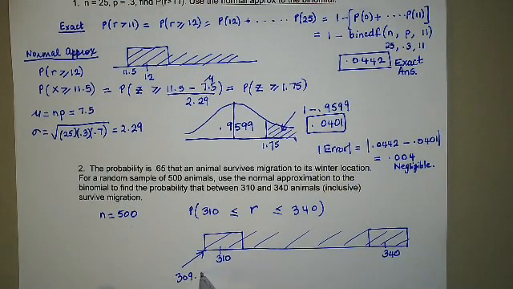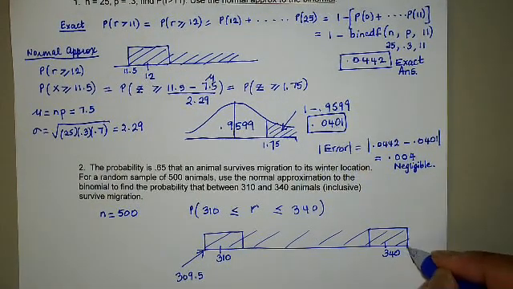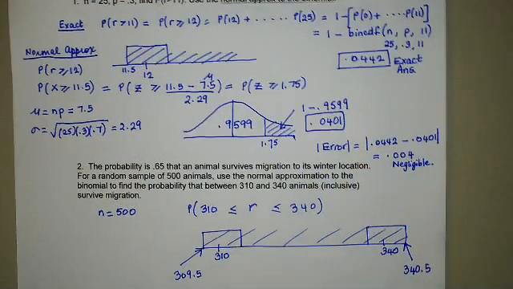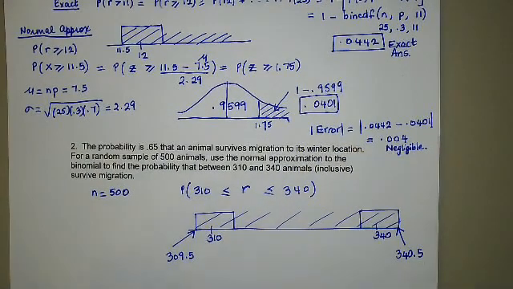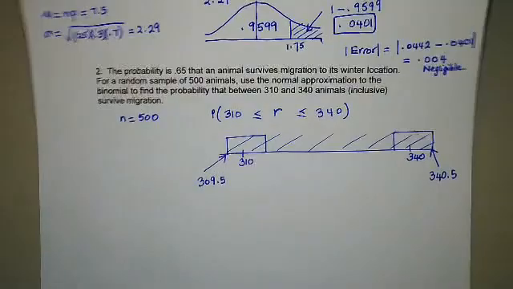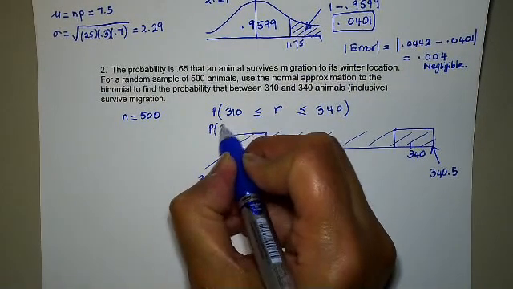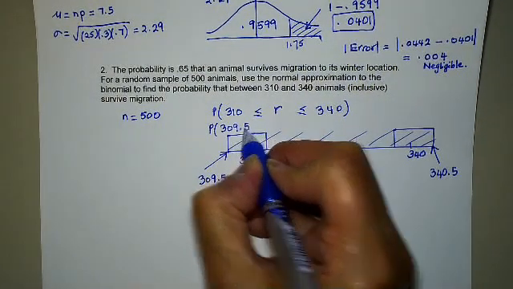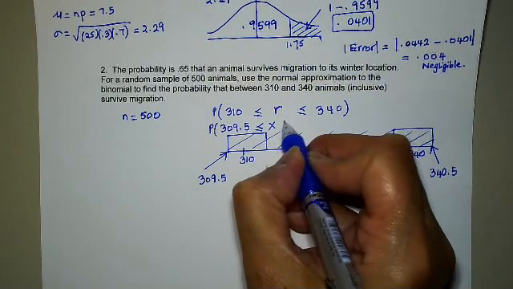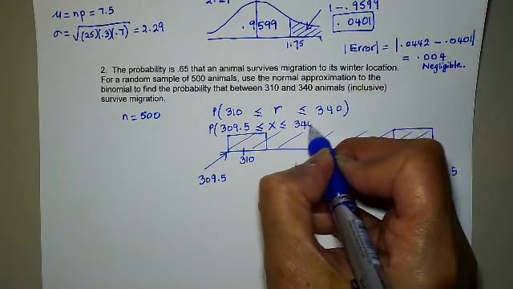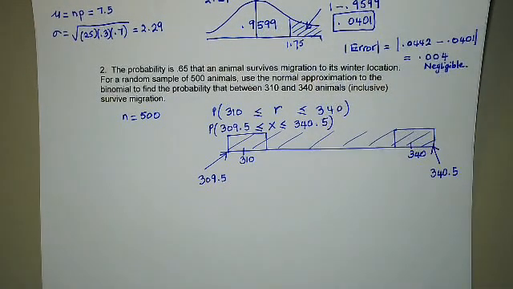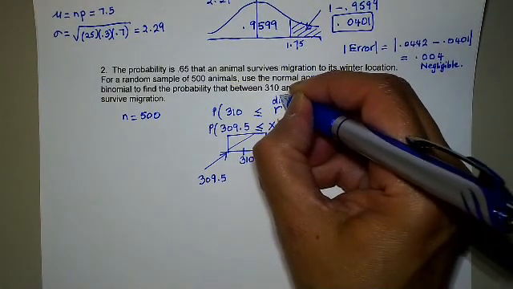So the bar for 310 all the way to the bar for 340. I always draw the bar so that I can think it through. I want all this probability. So looks like it starts at 309.5 and looks like it ends at 340.5. That's X. So let's write it right here.